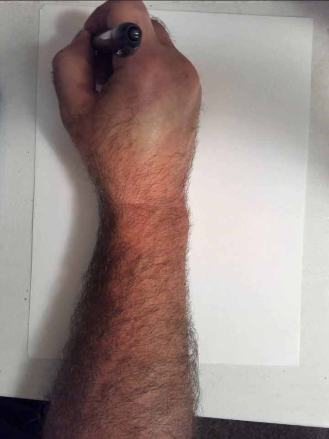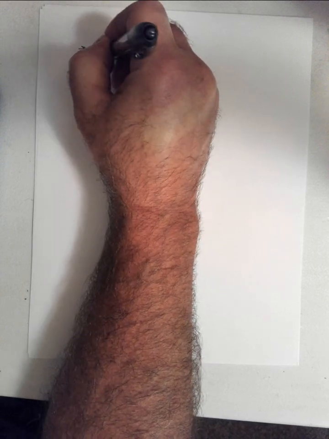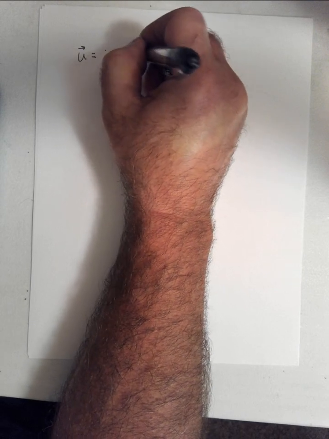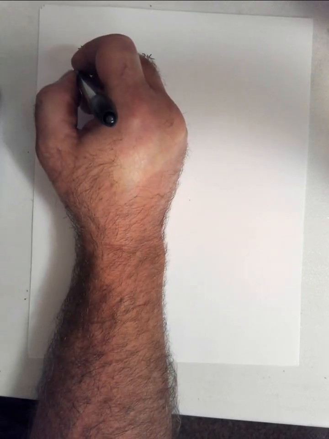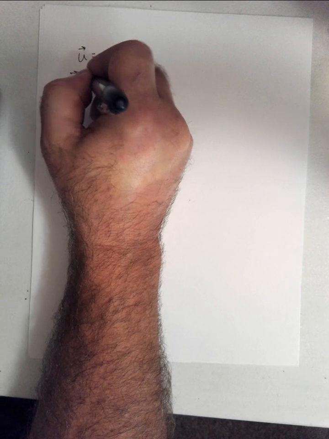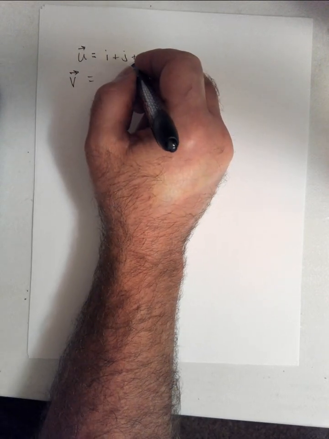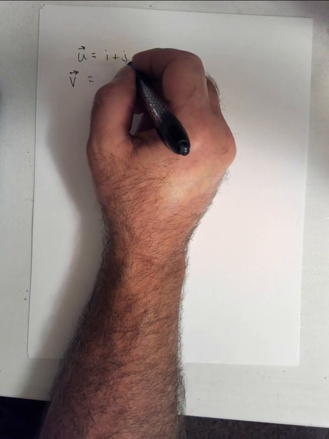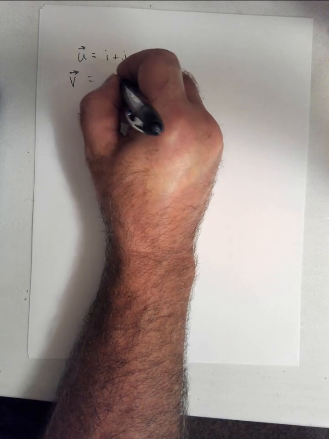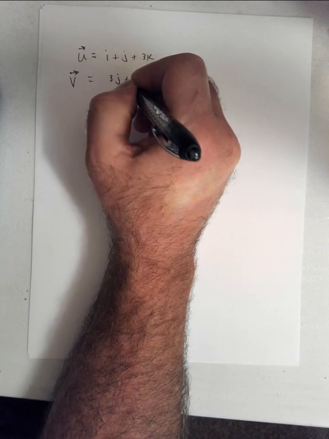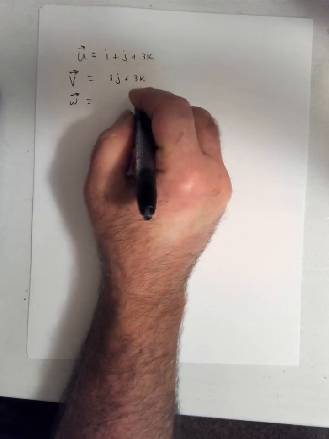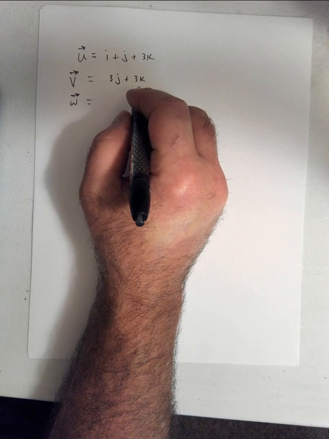Let's say U is written as i plus j plus 3k. V is 3j plus 3k. And W is 3i plus 3k.